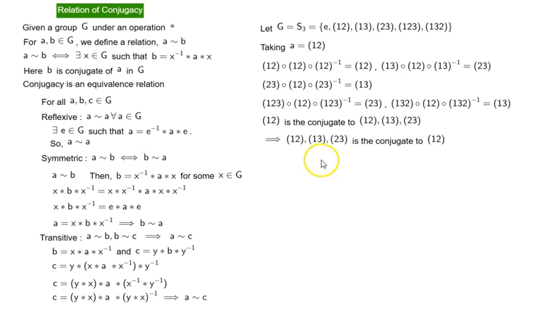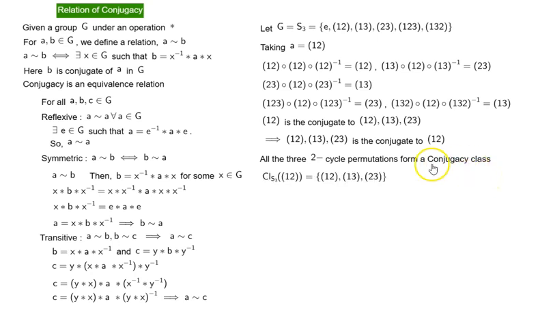Because of symmetry, we can say (1 2), (1 3), and (2 3) are conjugate to (1 2). That means all the three two-cycle permutations form a conjugacy class. So this conjugacy class is written like this: the conjugacy class of permutation (1 2) in S3 is equal to {(1 2), (1 3), (2 3)}.